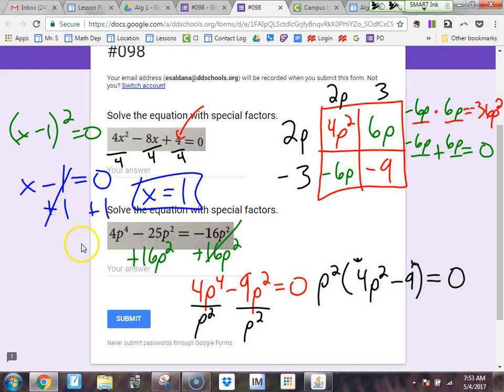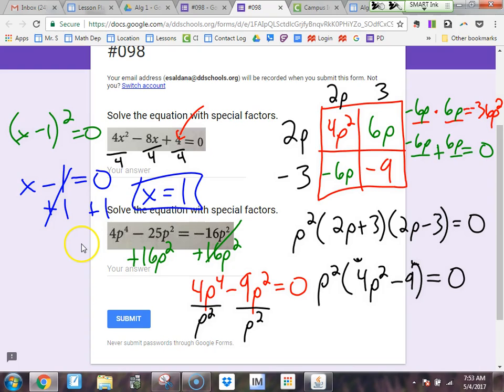So factored for this problem, I have p squared on the outside, 2p plus 3, and 2p minus 3. That equals 0. Hopefully you remember the previous problem, where when we divided by a 4 at the very beginning, it wasn't important because it didn't have the variable.